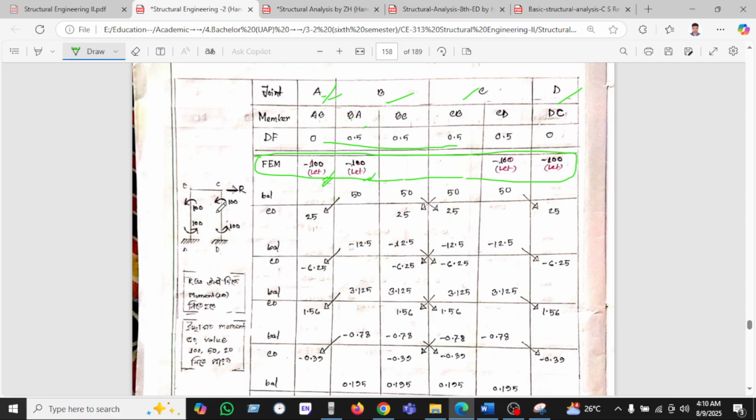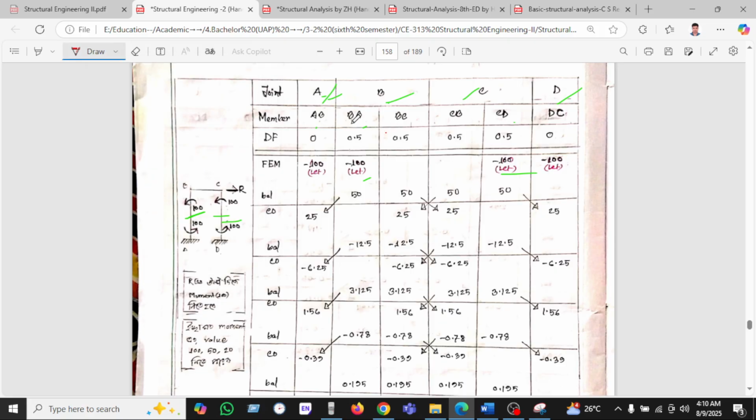At first we take the member AB, and BA is also 100 for the balancing process, and CD and DC are also 100.